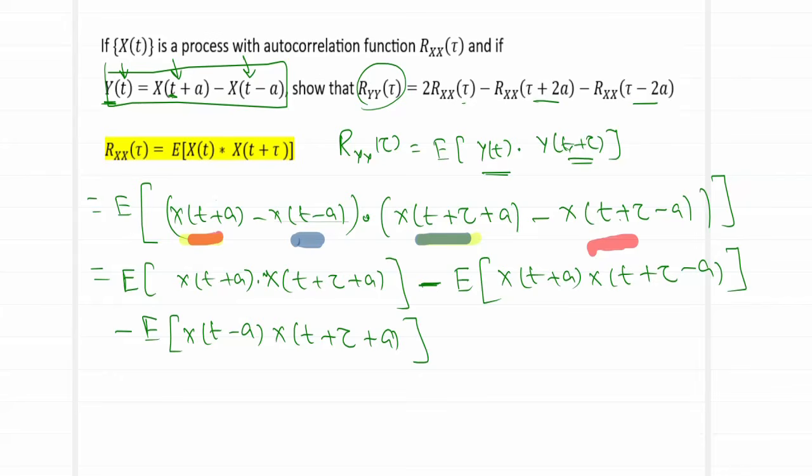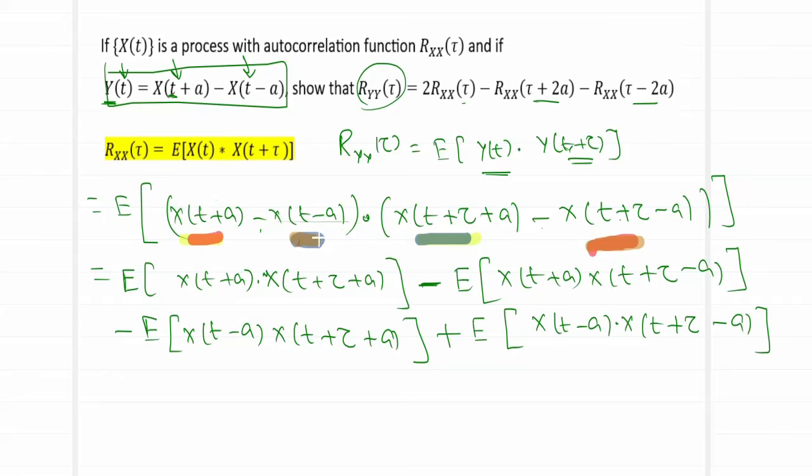And the last term is x of t minus a with x of t plus tau minus a. So this is minus into minus, which makes it plus. Expected value of x of t minus a into x of t plus tau minus a.